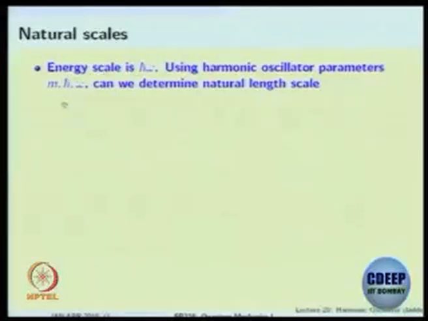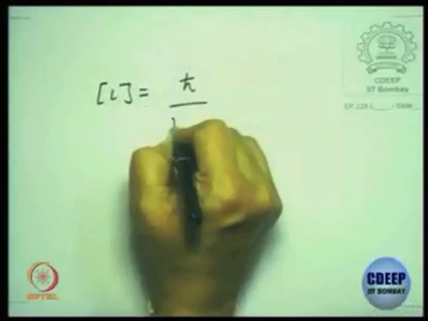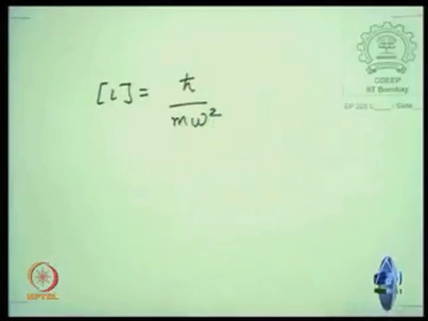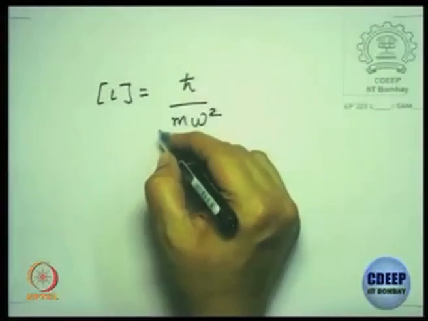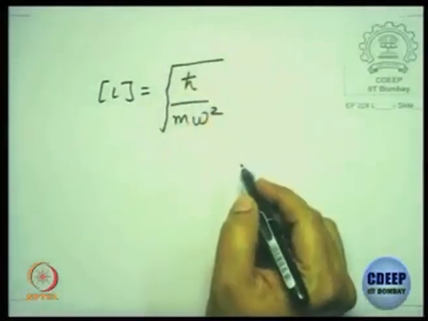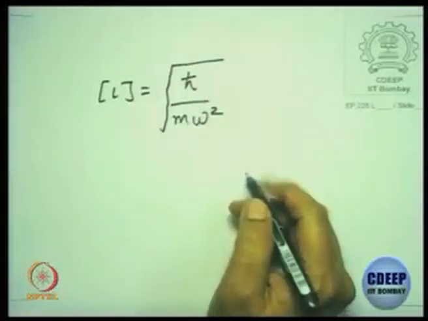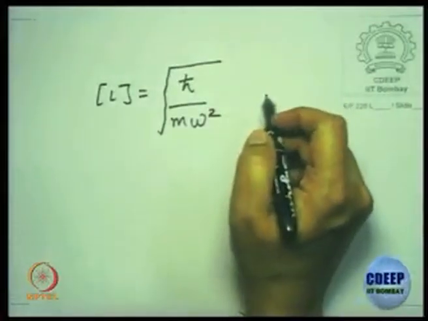So can you try to figure out how to play around with m, h cross and omega so that you get the dimension of L? Square root of h bar by m omega. Is that correct? m omega squared or m omega?